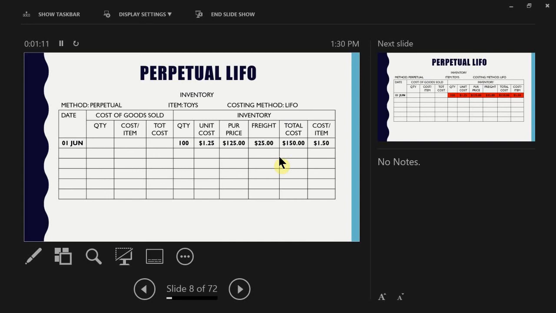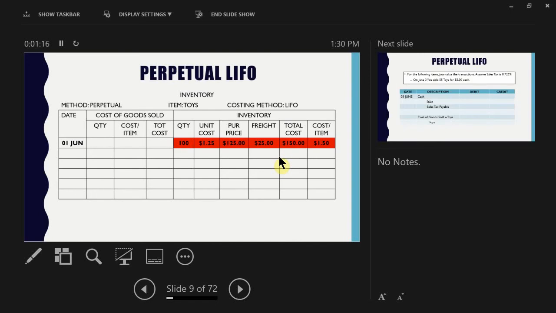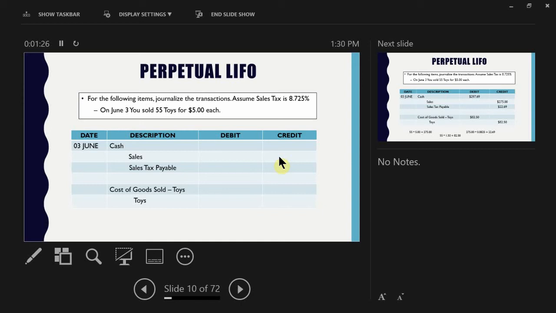Again, I'm going to utilize colors because that helps me stay organized as well as do my calculations. I chose red to indicate that's batch number 1.